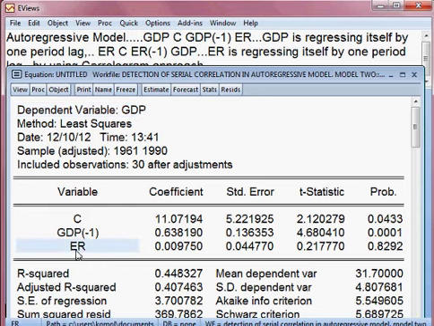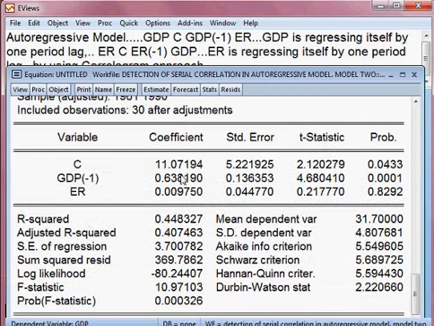Then what about ER? Is it significant? No, because the probability value is 82.92%, which is more than 5%. So exchange rate is not a significant variable to explain our dependent variable.